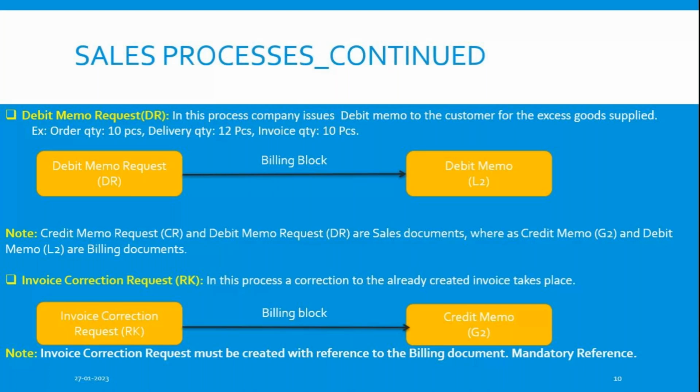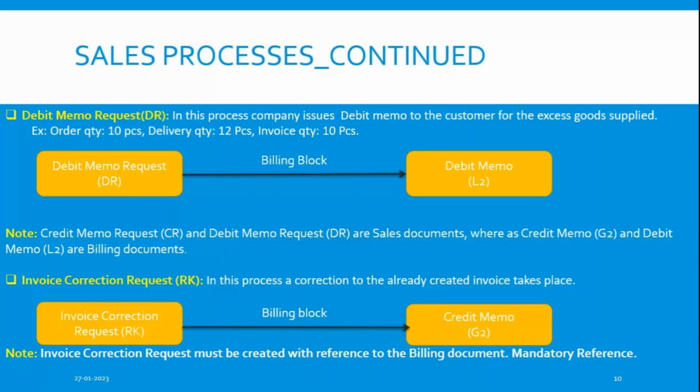Based on those requirements, we understand the business, decide which process is suitable for them, and then we use the process which SAP has already given. Okay, knowing all these processes is mandatory for you.